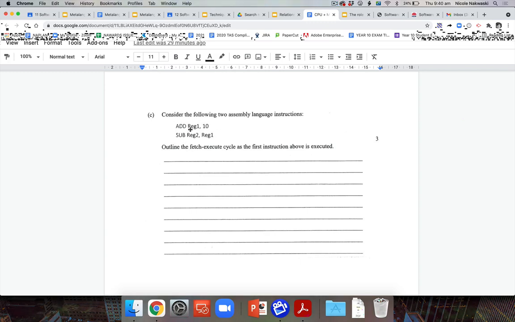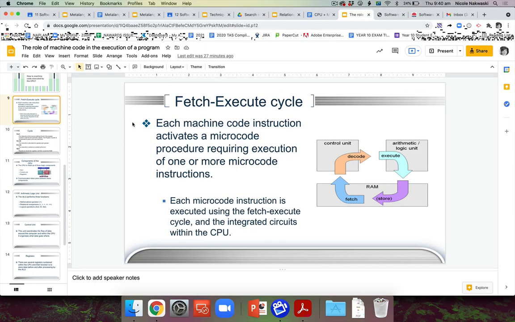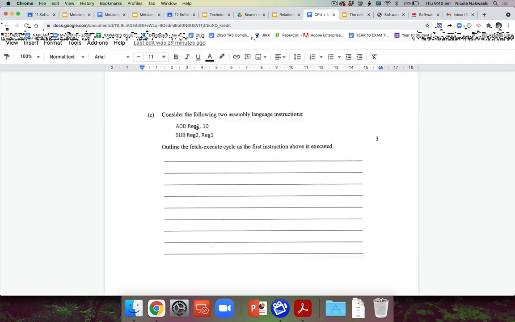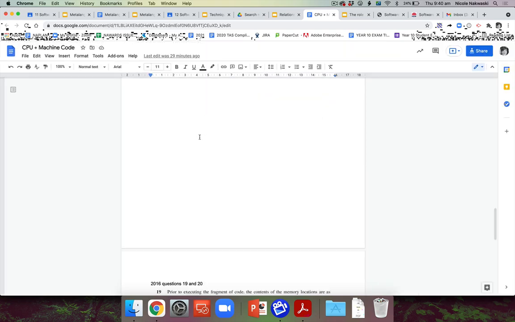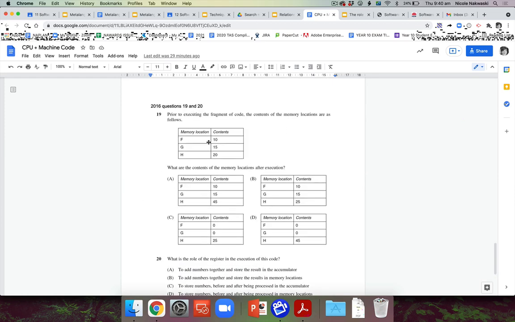All I've done there, guys, is I've basically given my marker this process, but just referred to these instructions. So with that, what I'd like you guys to do is to give this one a go.